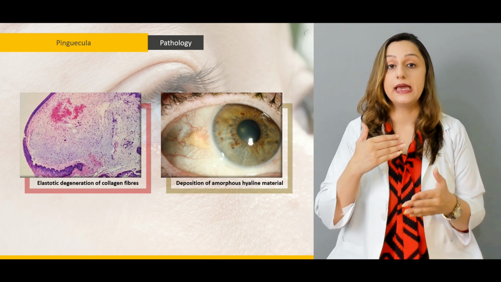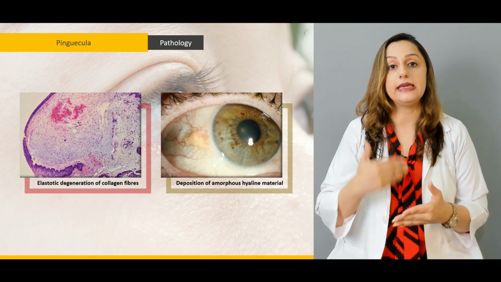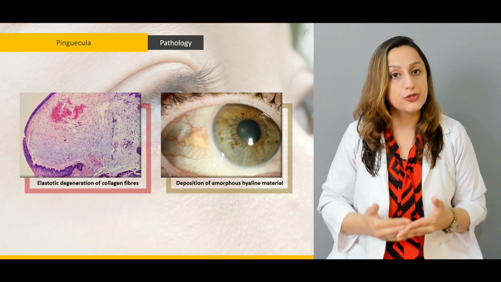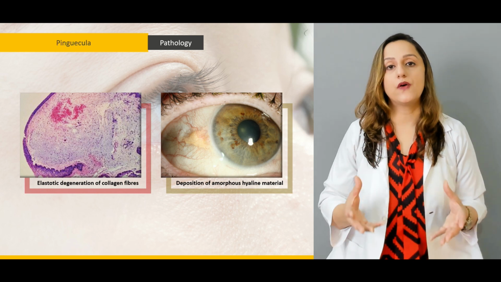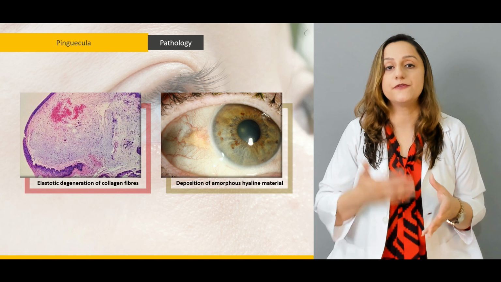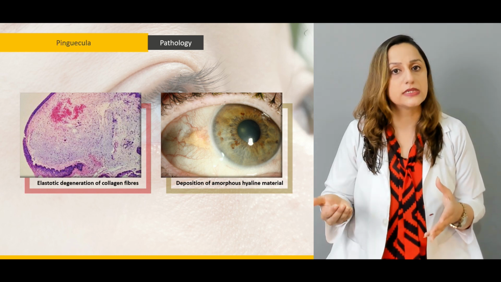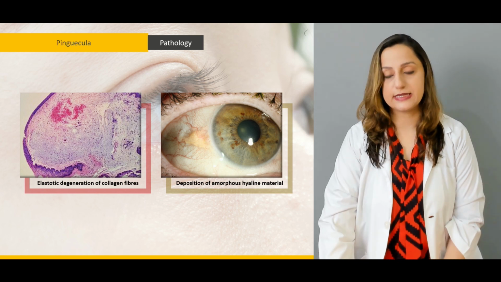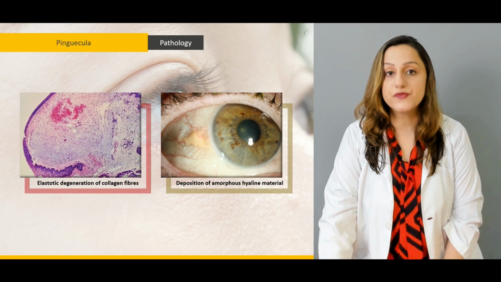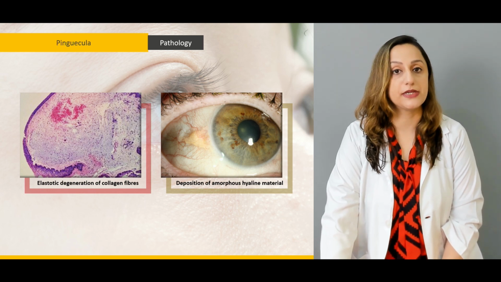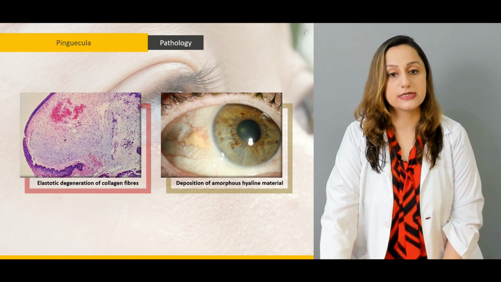So it can be traumatic conditions, prolonged or chronic inflammatory or autoimmune disorders, and all of the irritative factors that can serve, for example, photosensitivity, dust and wind. They can trigger these degenerative processes at the level of the conjunctiva. And obviously, the bulbar conjunctiva is more prone to the development of these kinds of conditions.